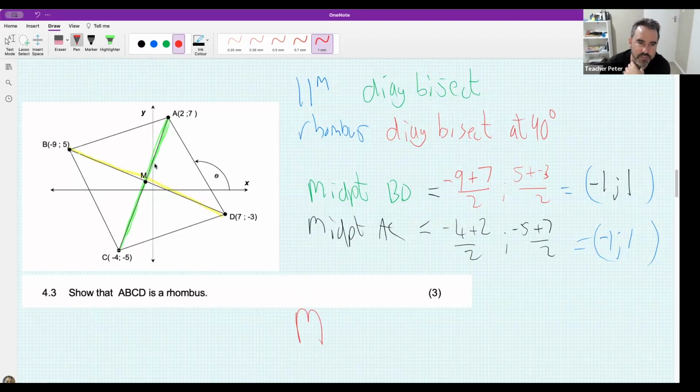So I want you to find me the gradient of AC, and the gradient of BD. So everyone, go ahead, find the gradient of each of those two diagonals, and then tell me what you notice about the gradients.